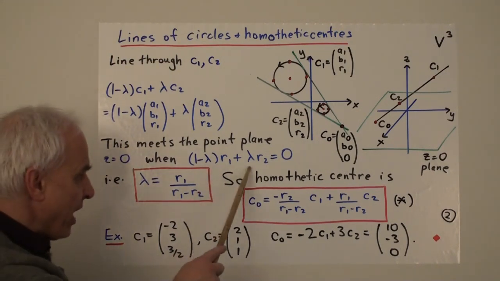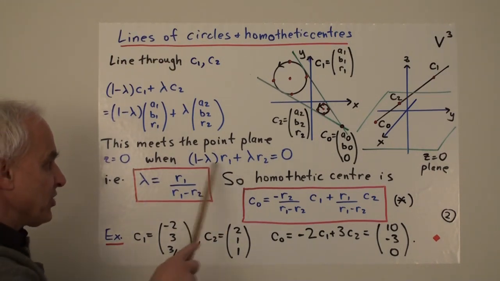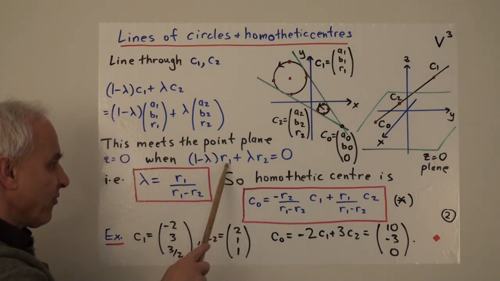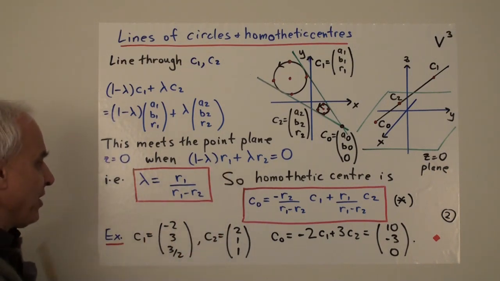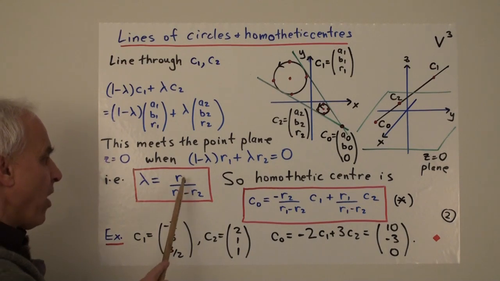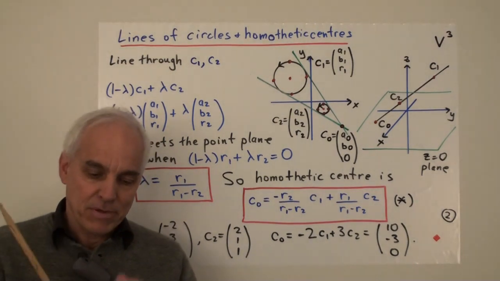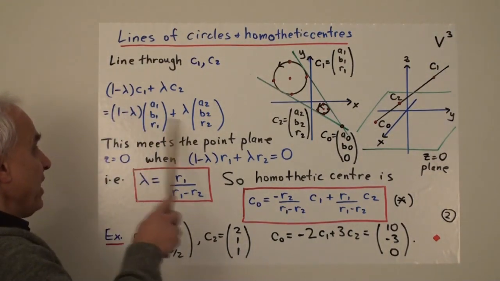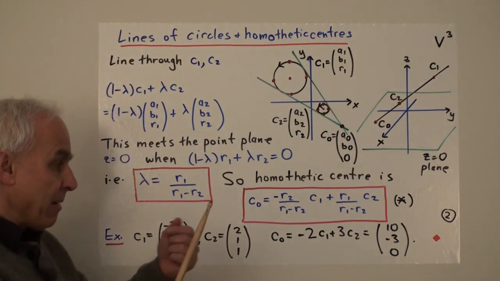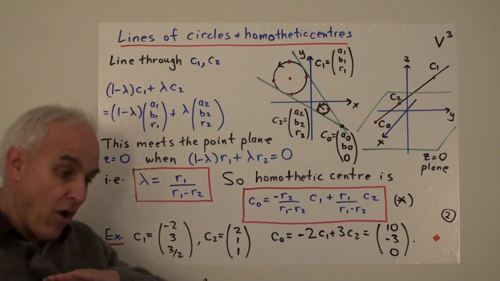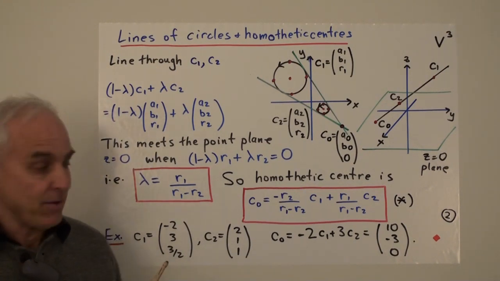Well, that's a linear equation in lambda, which we can solve. So just write it out. Solve for lambda, and you get lambda equals r1 over r1 minus r2. That's the particular number that you have to put in here so that you're getting a point which lies on the line and also in the plane z equals 0.